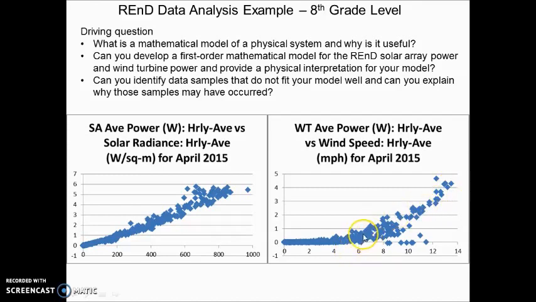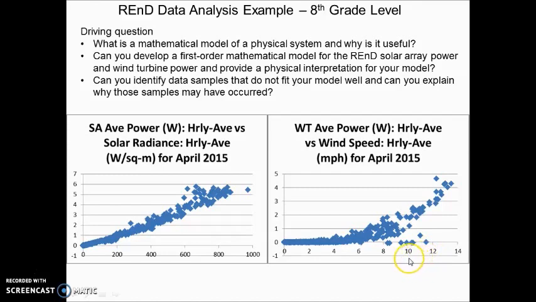If students look at the data points after 6 miles an hour, they see that it does seem to follow a linear regression. On top of that, students can look at data that seems to be outlier data. How do we explain that at almost 12 miles an hour wind speed there's no power generation?